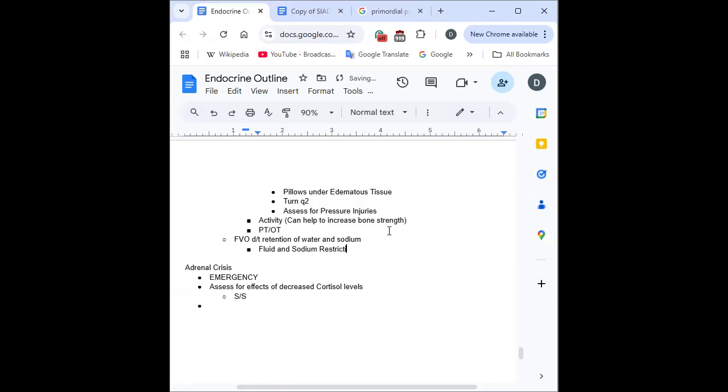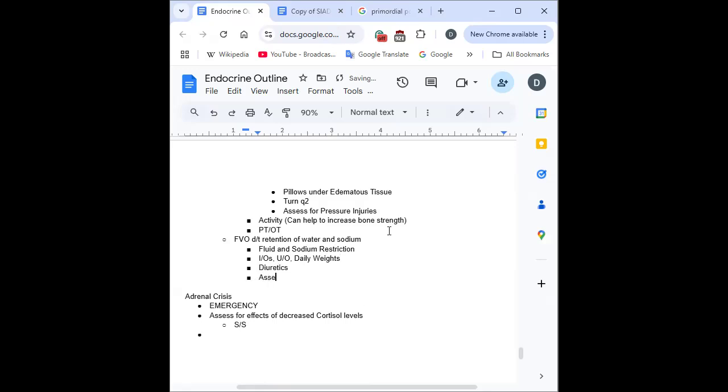We're going to do I's and O's, urine output, daily weights, all the good stuff. That's electrolytes. We're going to use diuretics. Assess electrolytes because we're probably using diuretics, hypokalemic diuretics, and again, we've been talking about all this stuff, so I know you guys know it.